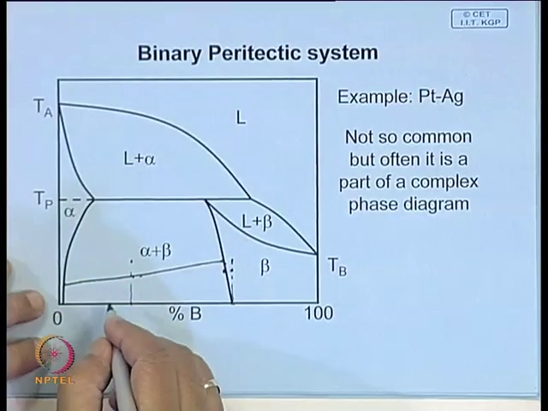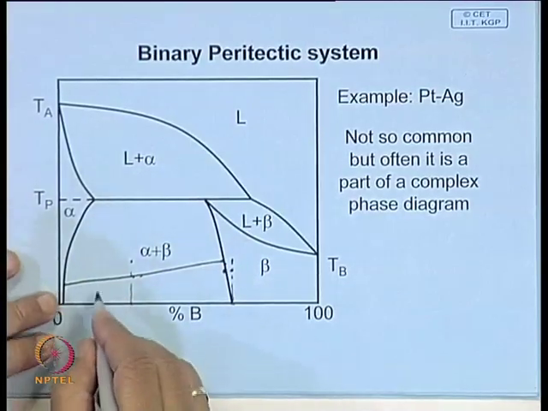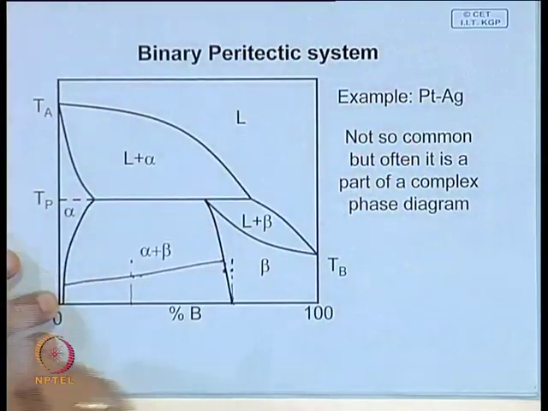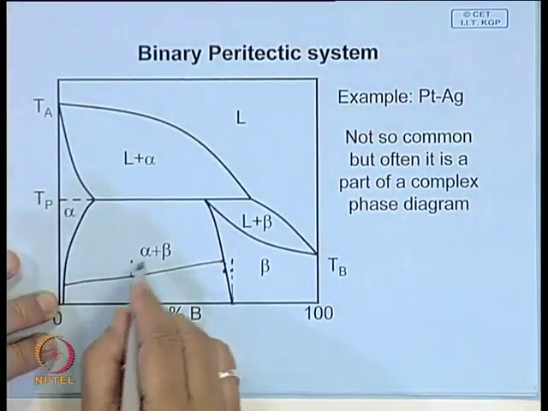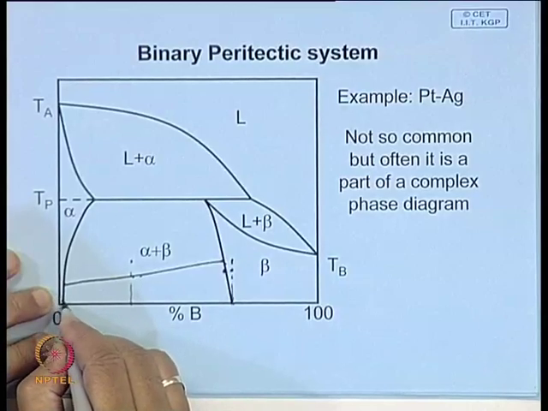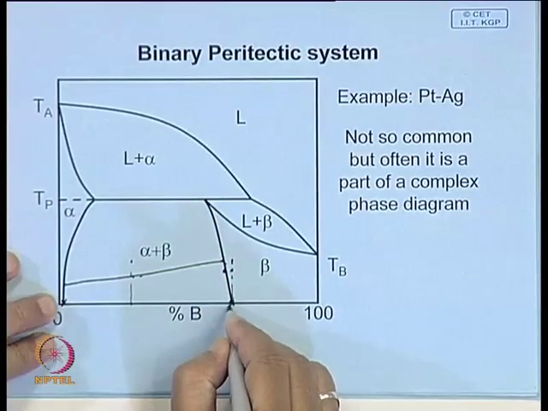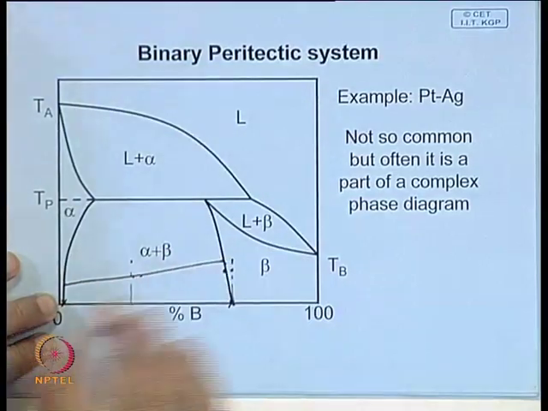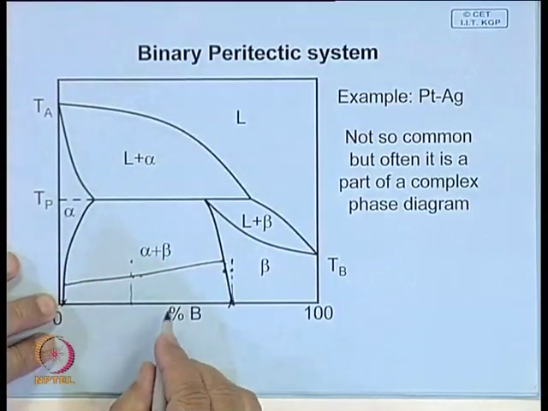And also, if you look at the microstructure, suppose this diagram is not known, it is also possible to find out or locate these compositions from analysis of the microstructure.